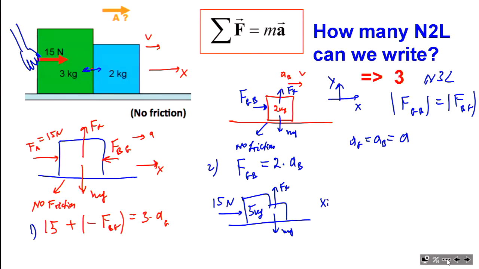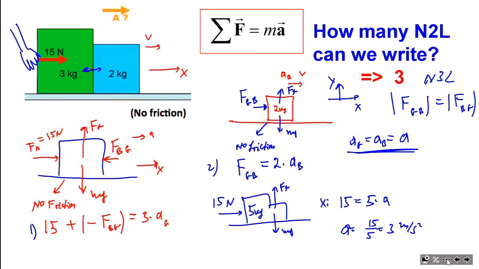So for this situation, there's only one force acting, and it has to be equal to mass times acceleration, which is supposed to be, again, the same number. Turns out this is the most convenient choice of a system, because now we can immediately calculate the acceleration. 15 over 5, 3 meters per second squared.